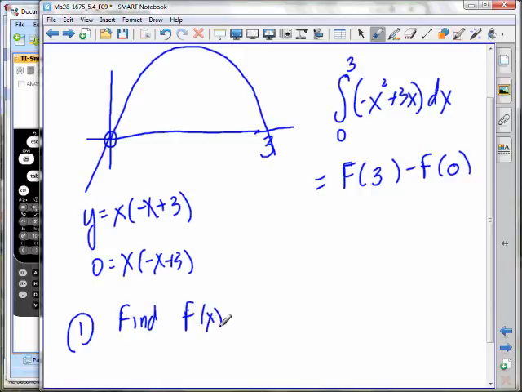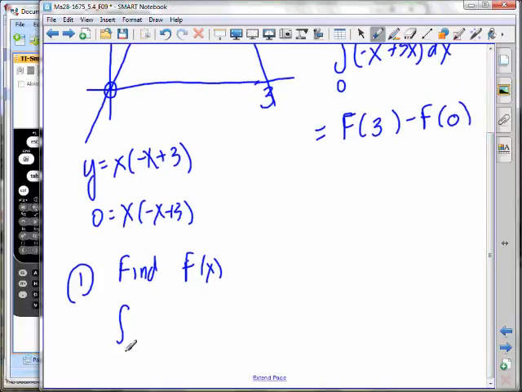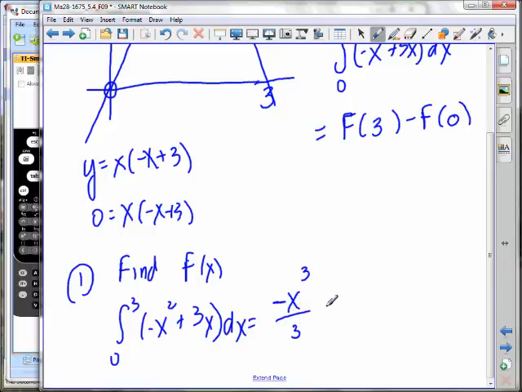So we've got from 0 to 3, negative x squared plus 3x dx, which is the same thing as, can you find the antiderivative of this? Negative x cubed divided by 3 plus 3x squared divided by 2. Don't forget, you've got to divide by that new exponent.